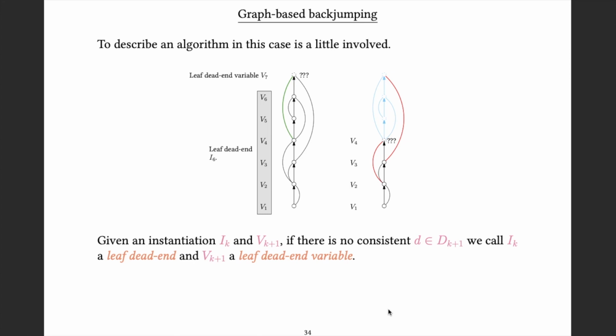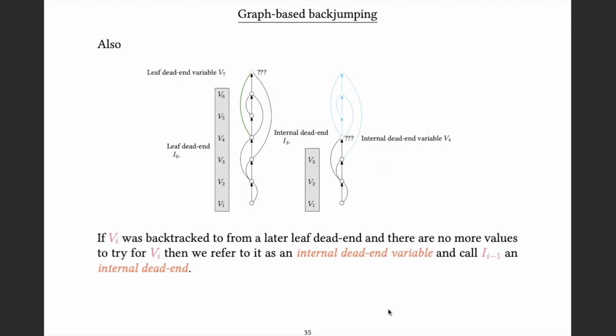So in this case, the leaf dead end is the collection of variables v1 up to v6, and the leaf dead end variable is the variable v7. Now, the leaf dead end variable, in this case v7, is the key one that we're initially backtracking from. If we've got a variable that we backtracked to and it has no more values, we call this an internal dead end variable.